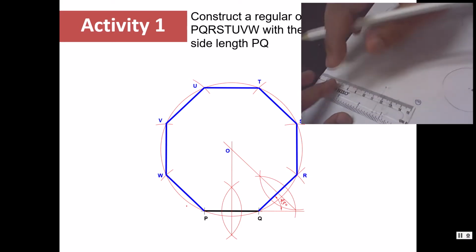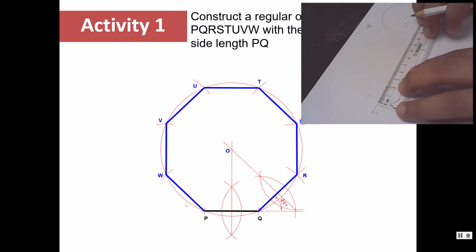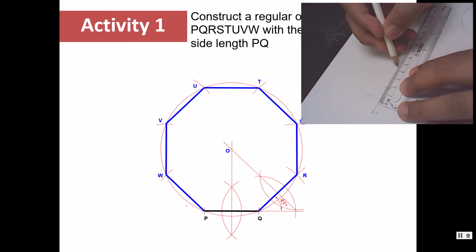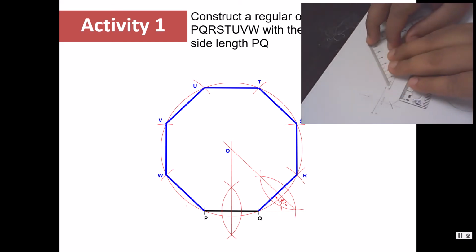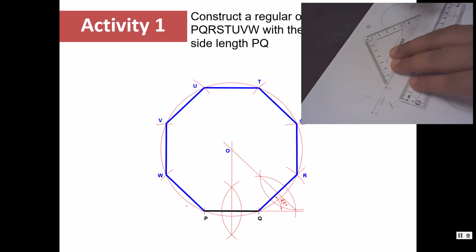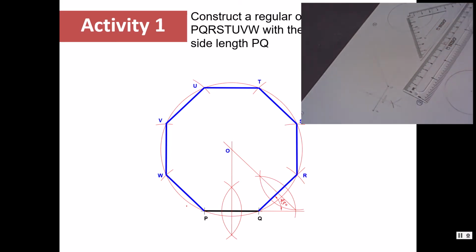Okay, and then the next step is to lengthen this PQ line a little bit, because we want to draw the 45-degree angle. By using the 45-degree angle, now please draw another line. Okay, something like this.